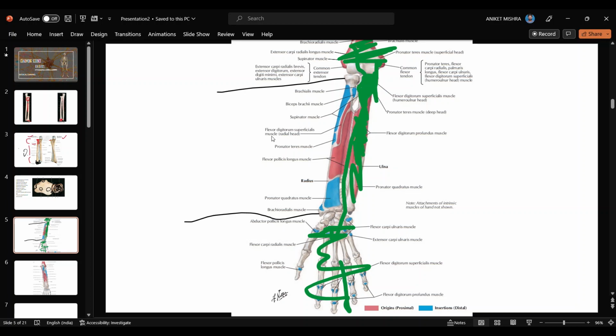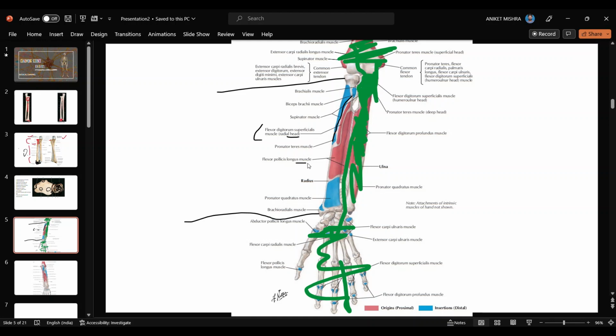The anterior oblique line is present on the anterior border of the radius, going obliquely from the radial notch to the anterior border and then continuing vertically. From that oblique line, the flexor digitorum superficialis originates.